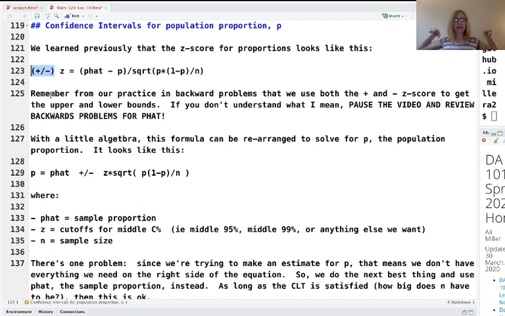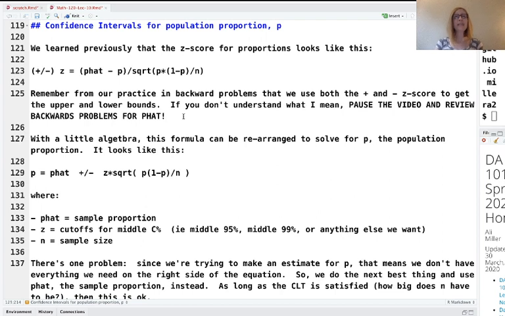Let's imagine that my head is the normal distribution. And we're thinking about like the middle portion of it. That's the type of problems that these things are. Middle 95%, middle 99%, whatever. That's the stuff in here. We know we got a lower bound and an upper bound, and we got to get both of those things, right? So we need both the plus and the minus.